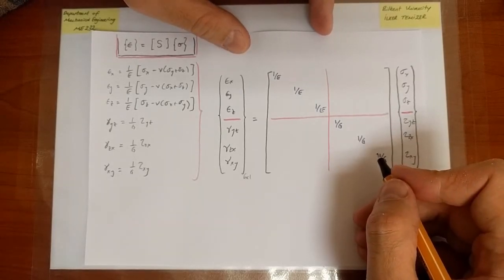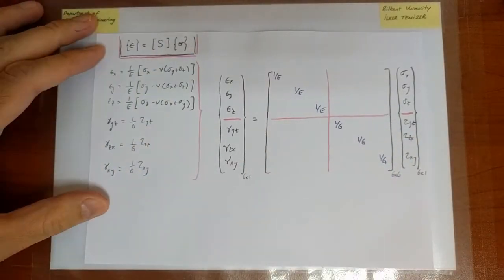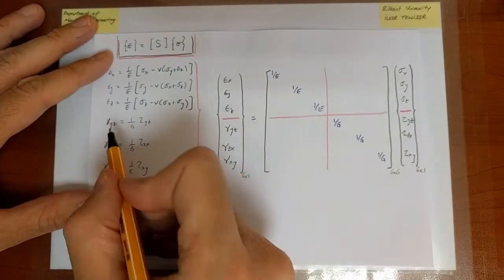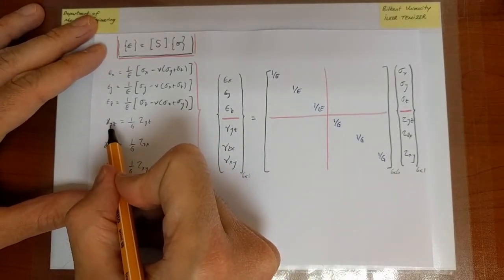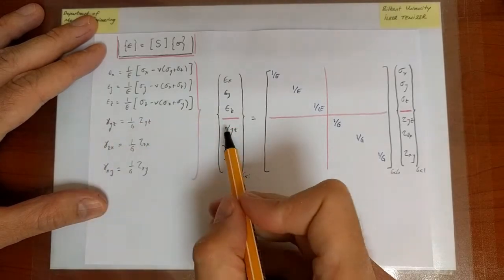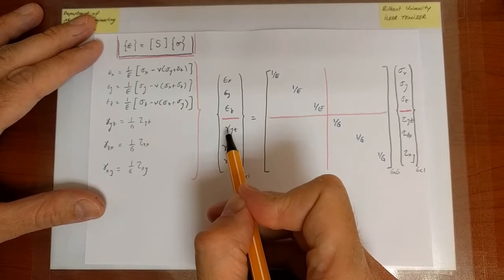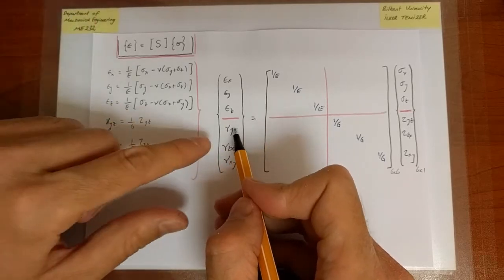So then, first of all, let's concentrate on the shear stresses. Now, for shear stresses, there is no relation between a shear strain and a normal stress. So in other words, how would I calculate the value gamma yz?